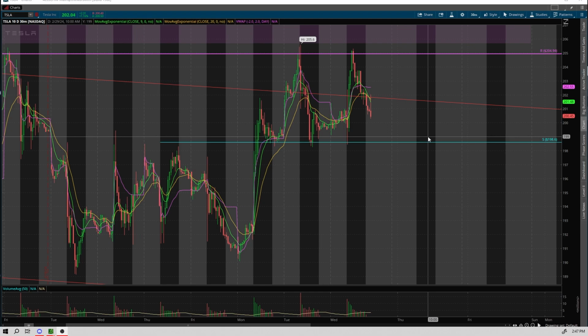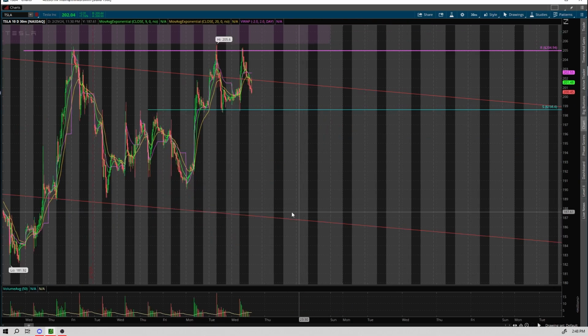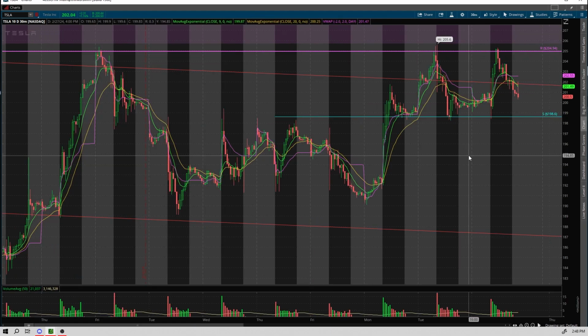But like I said, the only problem that I see is that we are on a downtrend, and that is a no bueno if we're trying to play this gap fill. Okay, but hopefully what we can get is a 198.6 bounce and a move into 205. That's going to be the move for me for tomorrow. That setup right there just honestly looks very, very nice, and I like it. All right.